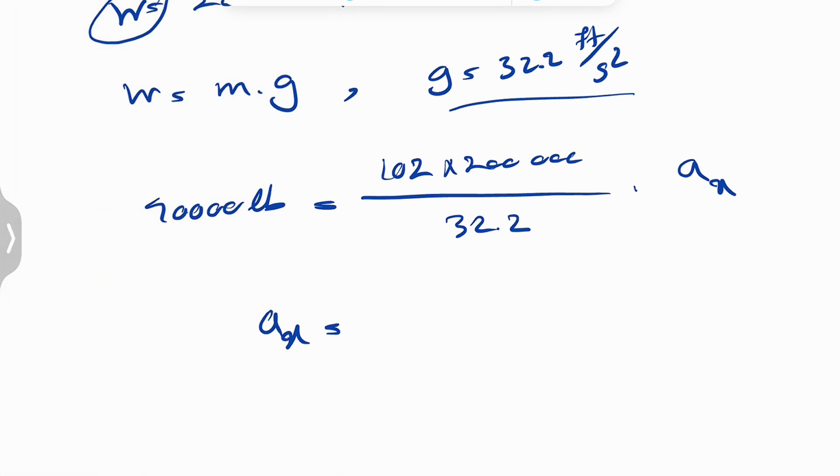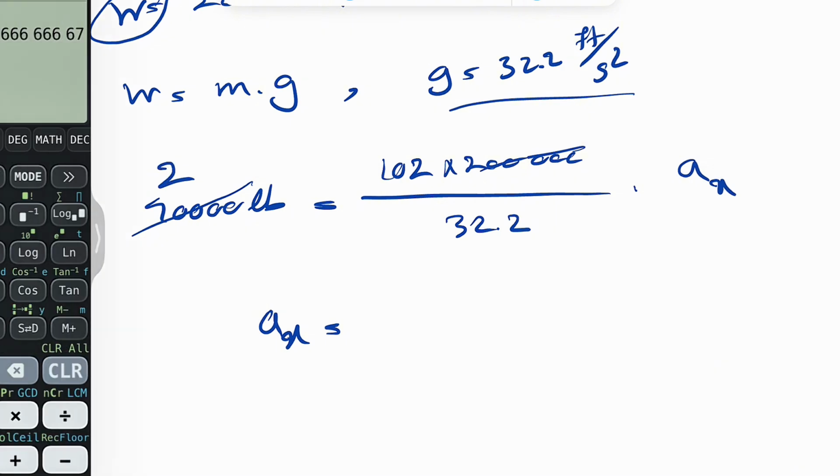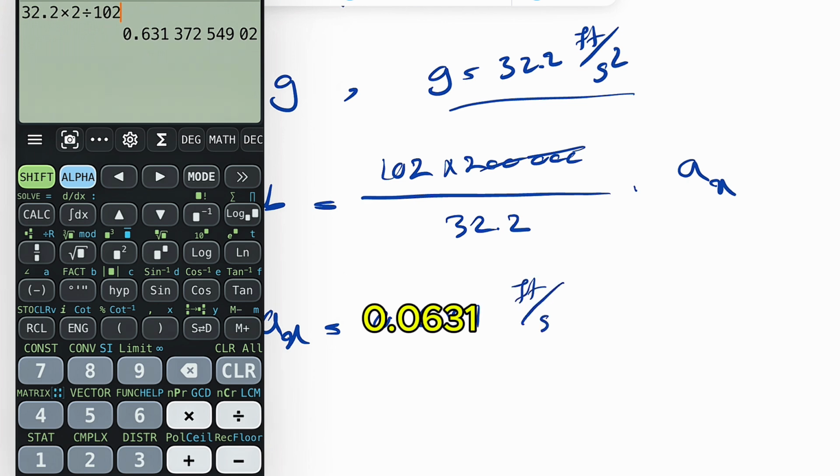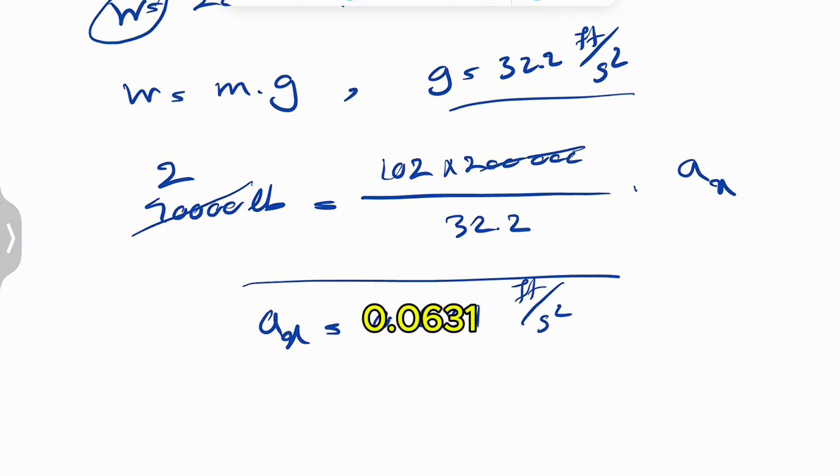So we can cancel these out. It's going to be 2 times 32.2 divided by 102. And yeah, our acceleration would be 0.631 foot per second squared.